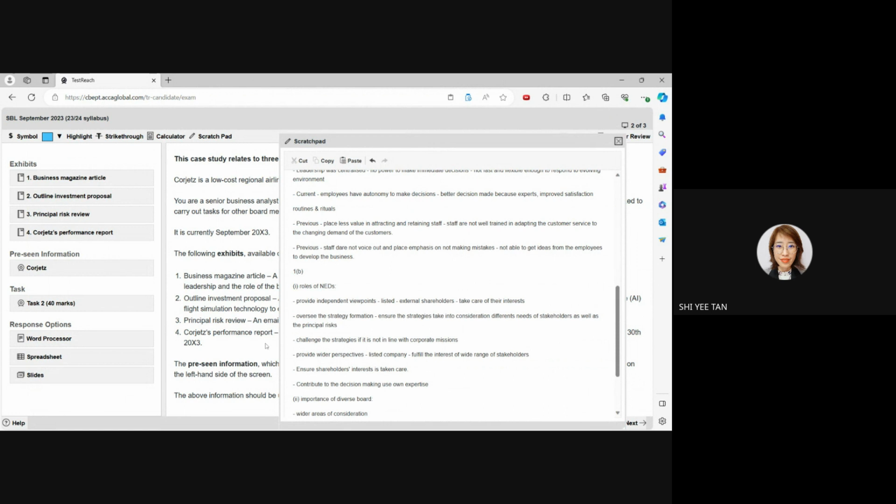Principal risks affecting the airline industry may bring significant impact to the company if they are not managed well, right? If the risks are not managed well.